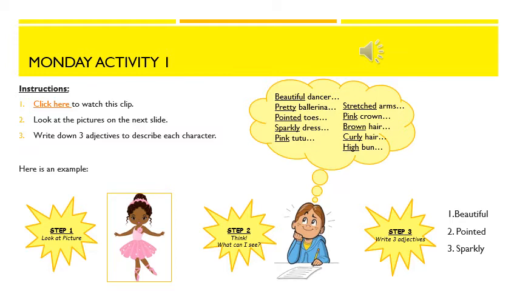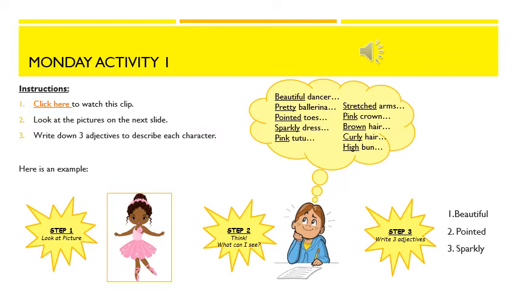She's thinking beautiful, she's a beautiful dancer, she's a pretty ballerina, she has pointed toes, she has a sparkly dress, she has a pink tutu, she has stretched arms, she has a pink crown, she has brown hair, she has curly hair, and she has a high bun.